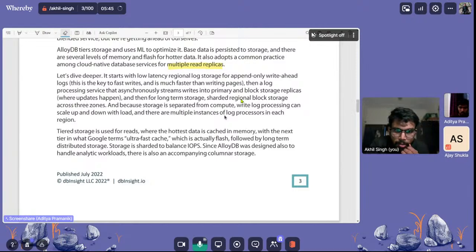Streams writes into primary and block storage replicas where updates happen, and then for long-term storage, sharded regional block storage across three zones. Because storage is separated from compute, write log processing can scale up and down with load, and there are multiple instances of log processor in each region. I think we can Google the whole paragraph, or put this into ChatGPT for better explanation.